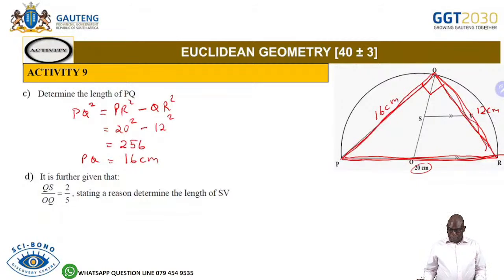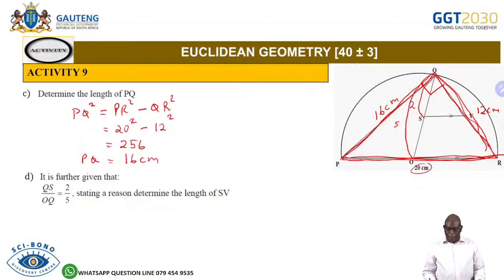Okay, the last but one question. QS is given as 2 and OQ is given as 5.